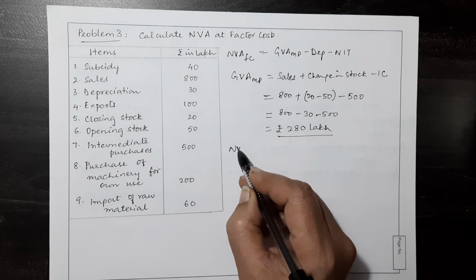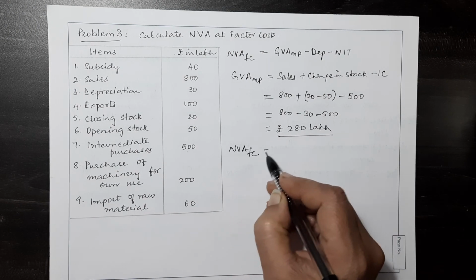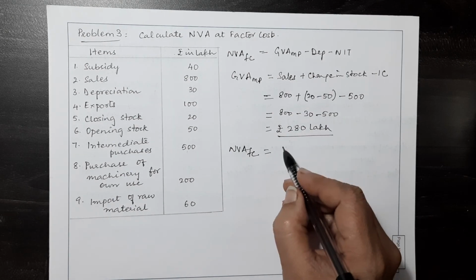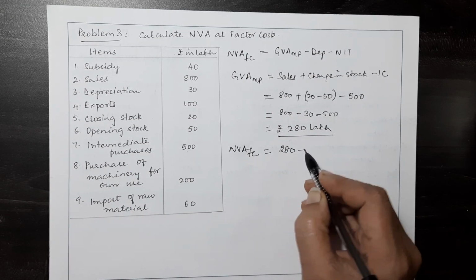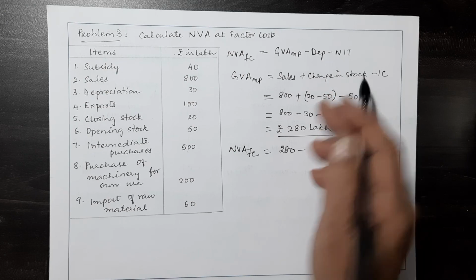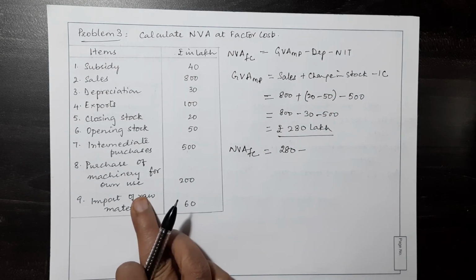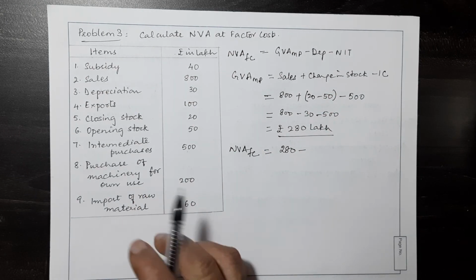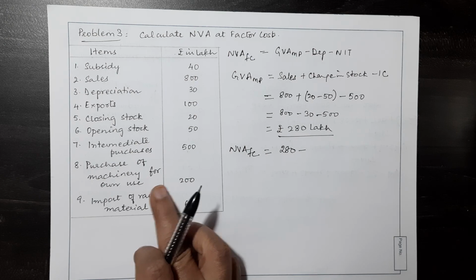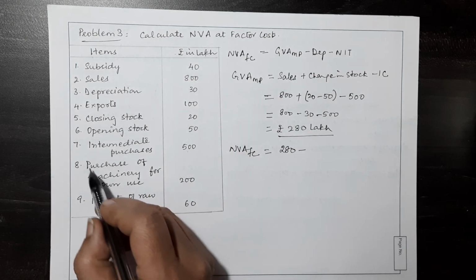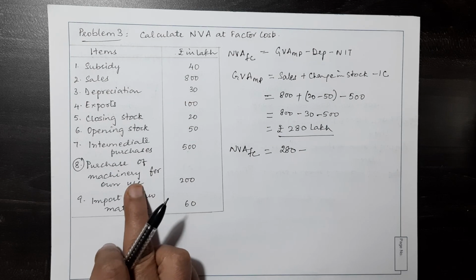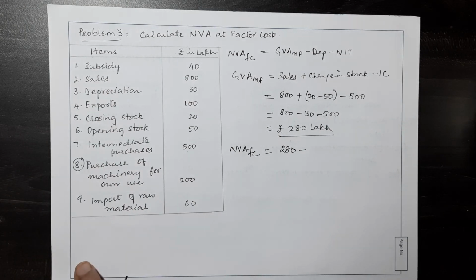Now we will find out NVAFC, which is equal to GVAMP, which is 280 minus depreciation. Depreciation is given as purchase of machinery for own use. No, this will be for sales. So this has already been included. So this we will not include because it is already included in sales, right?